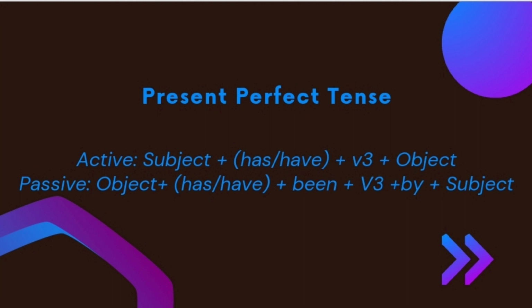Now in case of passive voice, the word used in the place of object will come in the beginning. Depending on that, we have to choose between has or have plus been plus V3 or verb in past participle form plus by plus subject.